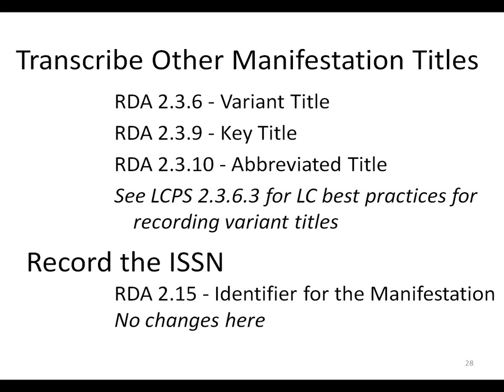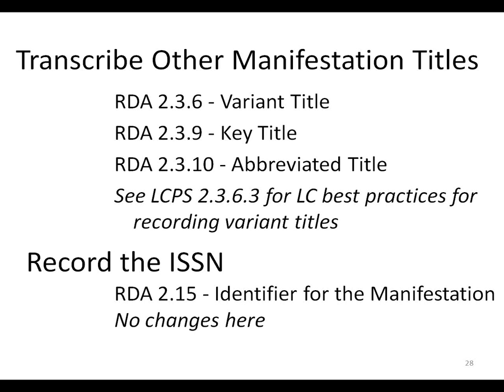Okay. So now that we have gone through that, the next common step in our cataloging practice is to provide our other titles. So here are the instructions to transcribe other titles associated with the manifestation. Those really have not changed from former practice.